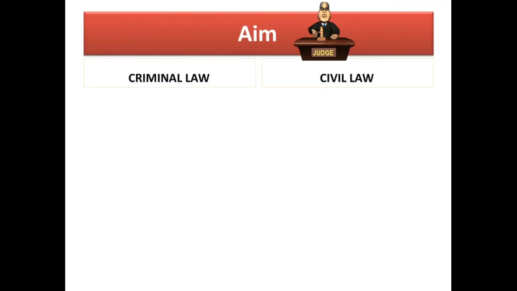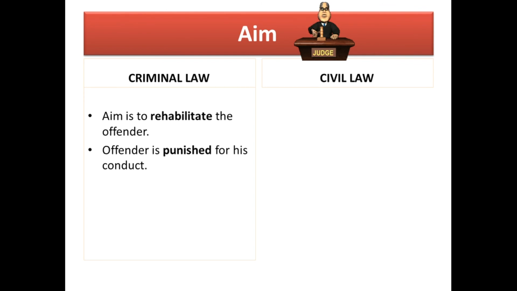Then the aim of both the criminal and the civil law. In criminal law, the aim is to rehabilitate the offender. The offender is punished for his conduct. Offender is usually taken to prison facilities for a stated period of time, depending on the offense done. The offender's freedom is taken away.